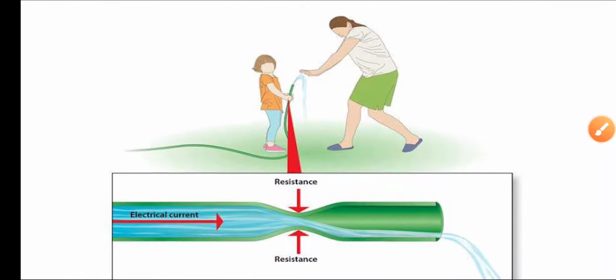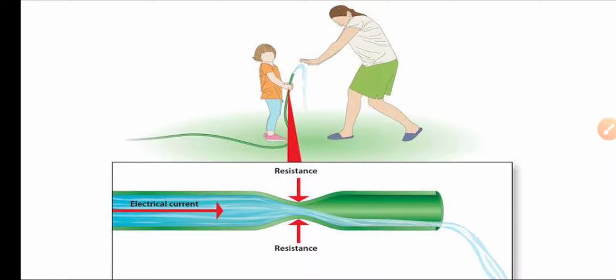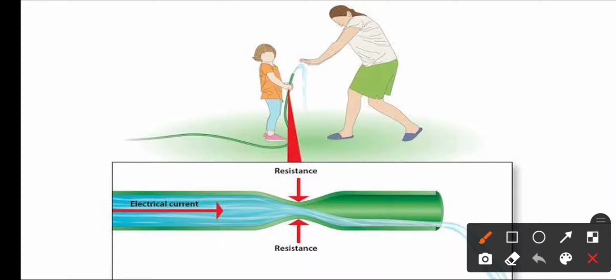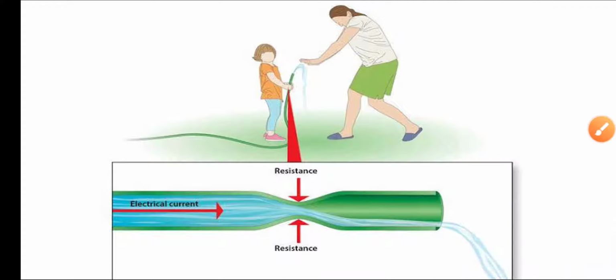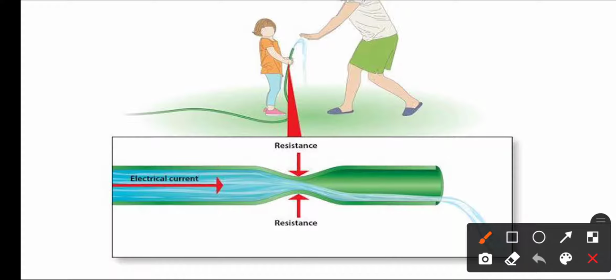Just see here, this little girl is pressing the pipe from this point, and you can see the zooming view of this pipe. This is something like a resistance in this pipe.